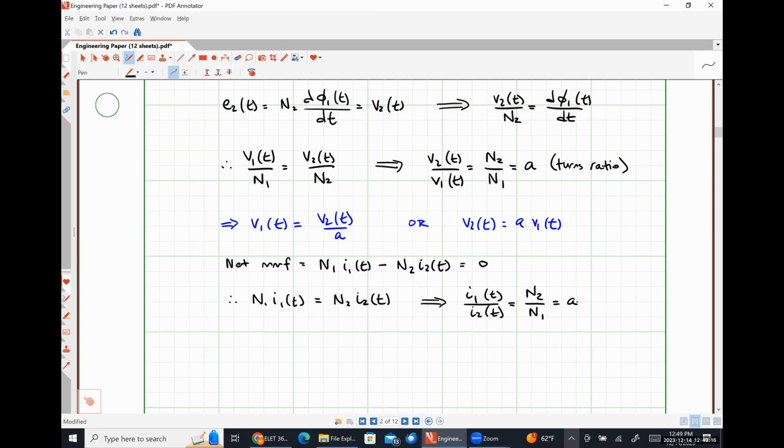So effectively, what we'll see is that I1 is equal to A times I2, or alternatively, I2 is equal to I1 divided by A.